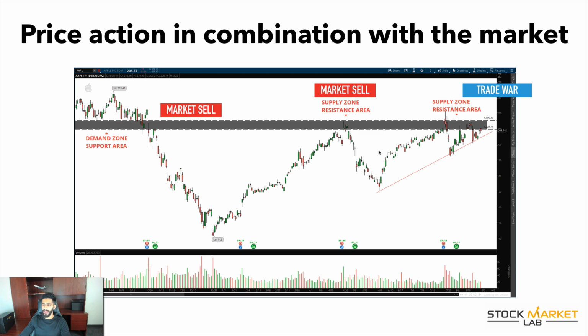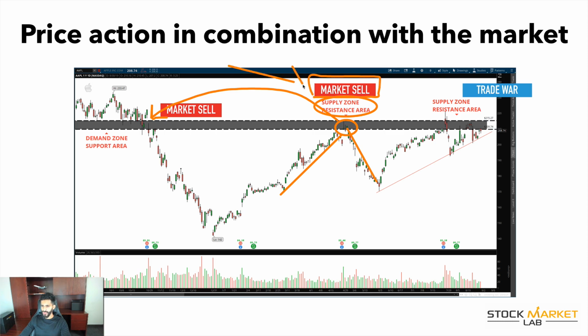Same thing here. What happens right here? If you guys look over here, you can see we are at a supply zone and a resistance area. Stock goes to that point, gets rejected, and starts falling. When we look at price action, we are analyzing the past history. We identify these levels. What happened here? Market started selling off again. Why?